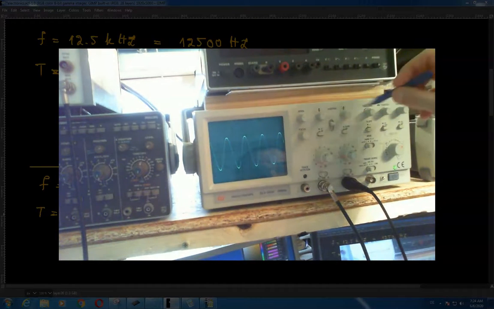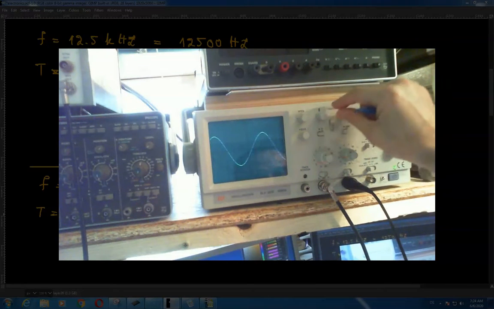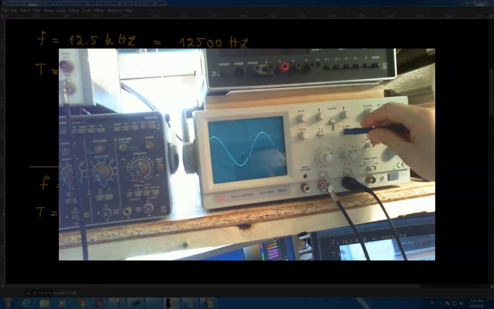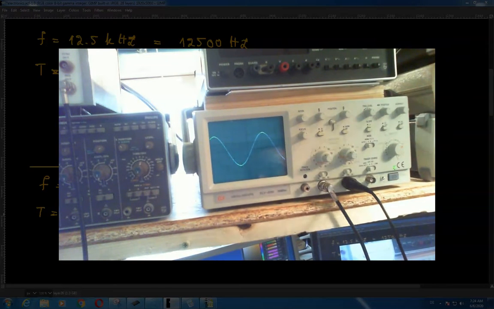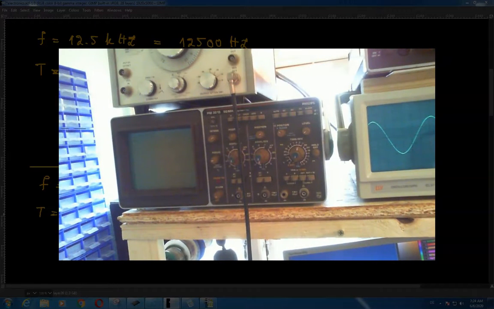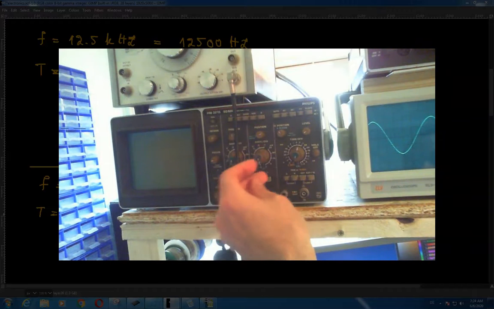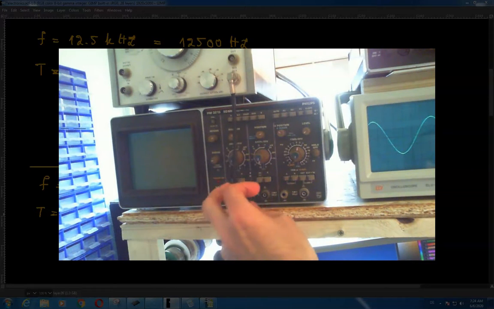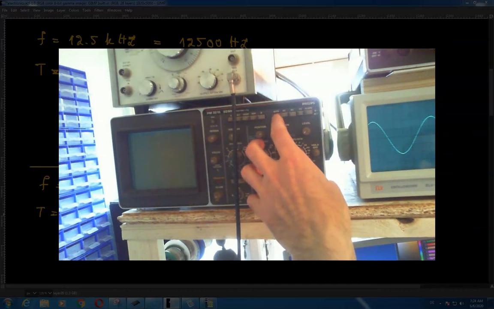There is always some switch on your oscilloscope that lets you select between channel 1, channel 2, dual mode, and add, for example. For different oscilloscopes, you would see different things. On this oscilloscope, the way I can choose channel 1 or channel 2 is this thing over here.